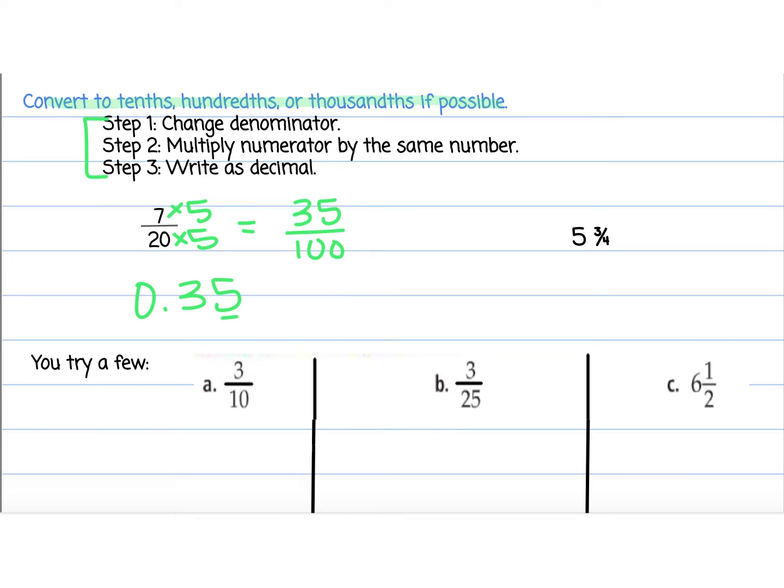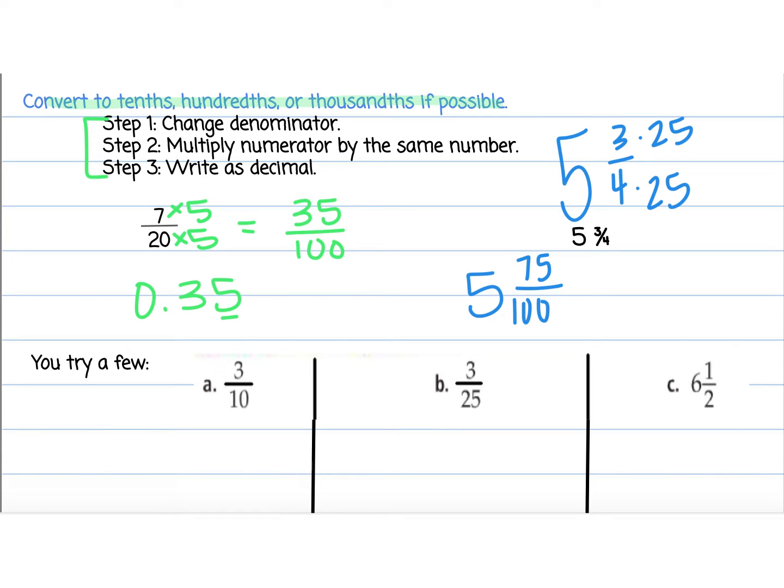The next one, 5 and 3/4. I'm just going to rewrite it like this. So now we have a mixed number. I know I can multiply 4 by 25 to get to 100. It doesn't multiply into 10. So I'm going to also multiply the top by 25. So my new mixed number would be 5, and 3 times 25 is 75, and 4 times 25 is 100.